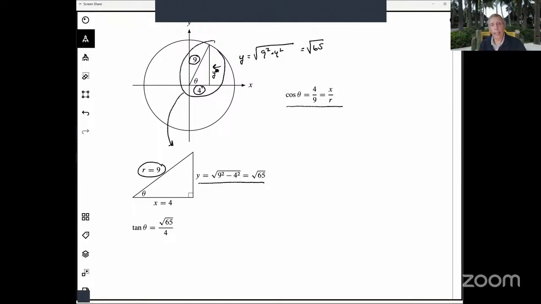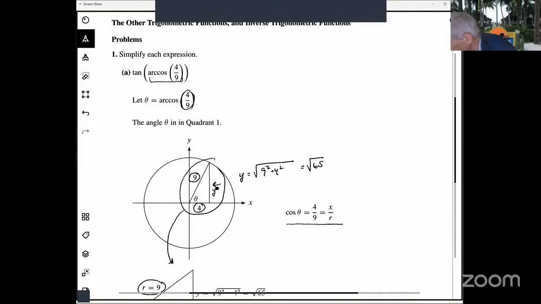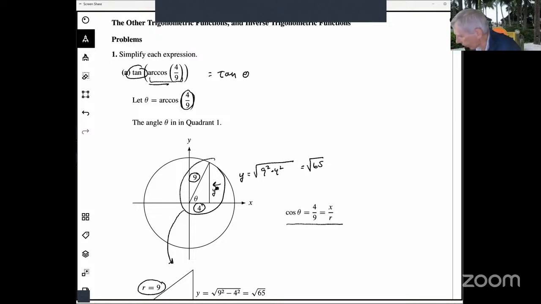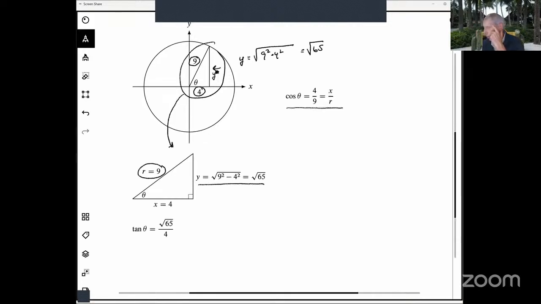How do I find the tangent now of theta? I want the tangent of my angle theta. So what's the tangent? That's the opposite over the adjacent, or the vertical displacement over the horizontal displacement.